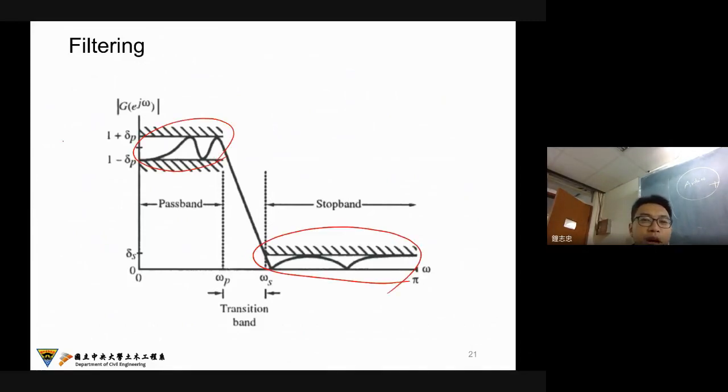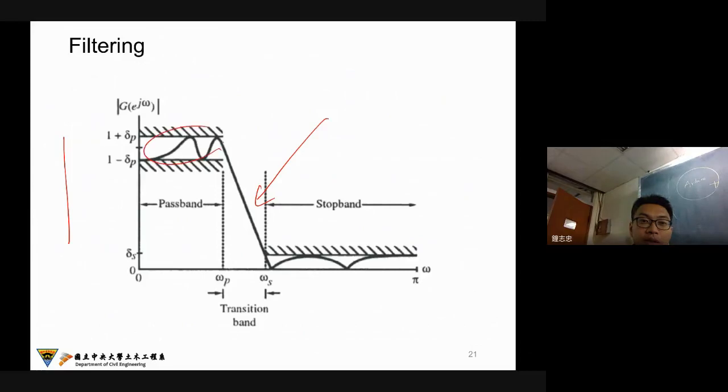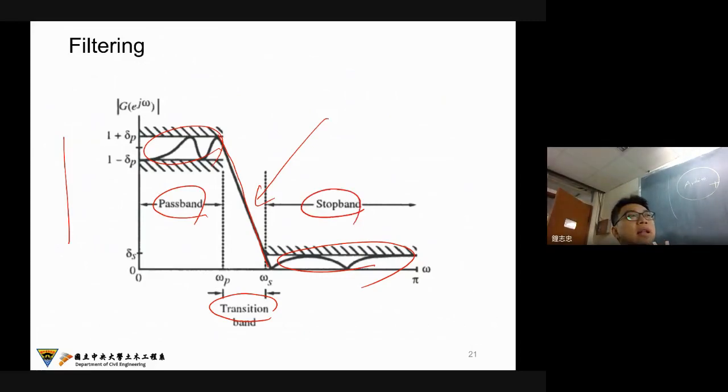For example, if I try to have a very beautiful sharp window, but in practice, I only have some ripple. This is what we call the ripple here. And this is the transition band. Okay, and this pass band, stop band. So we need to understand that in the real world, there is no perfect filter.